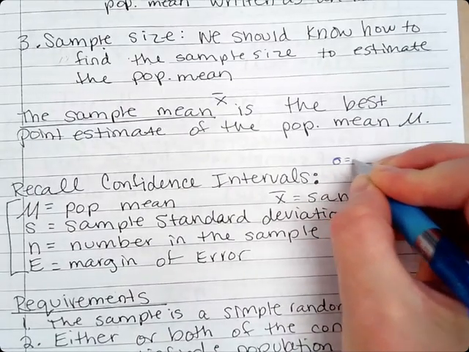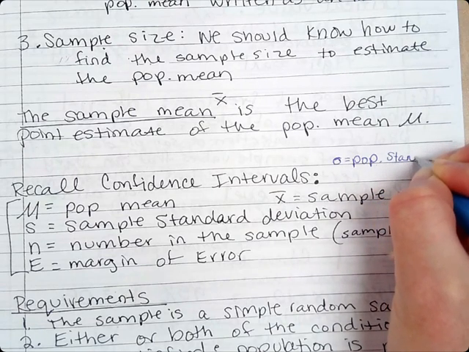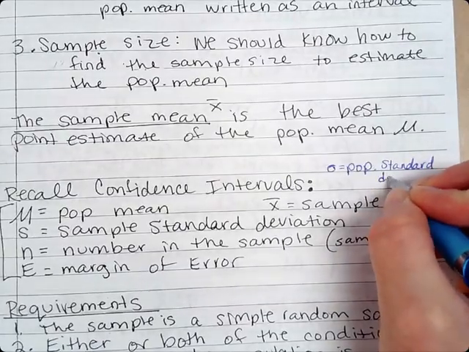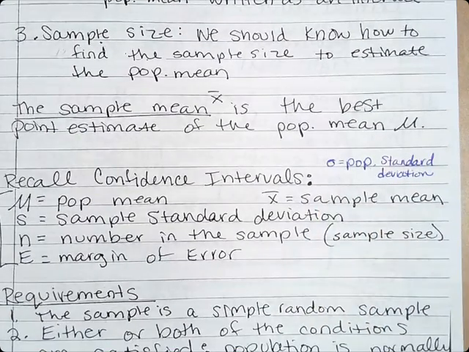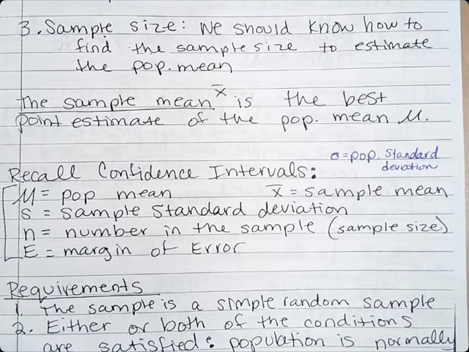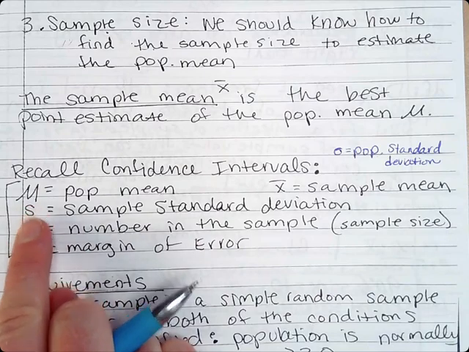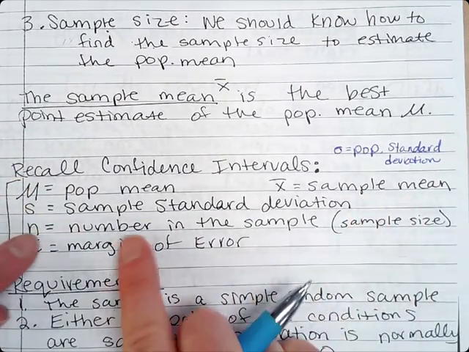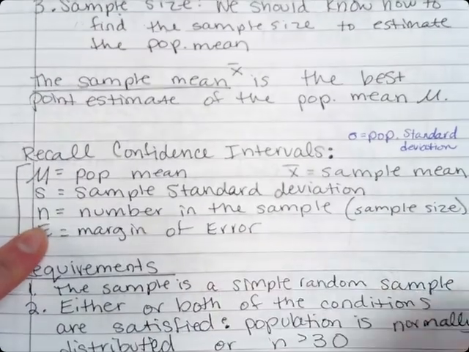This is our population standard deviation. So we do not know that in these problems. It's pretty common that you won't know your population standard deviation. So we'll know our sample mean, our sample standard deviation, and the sample size, and that will help us find our margin of error.